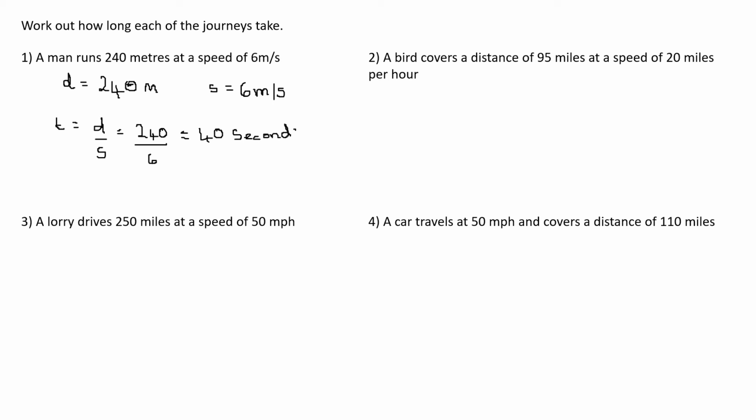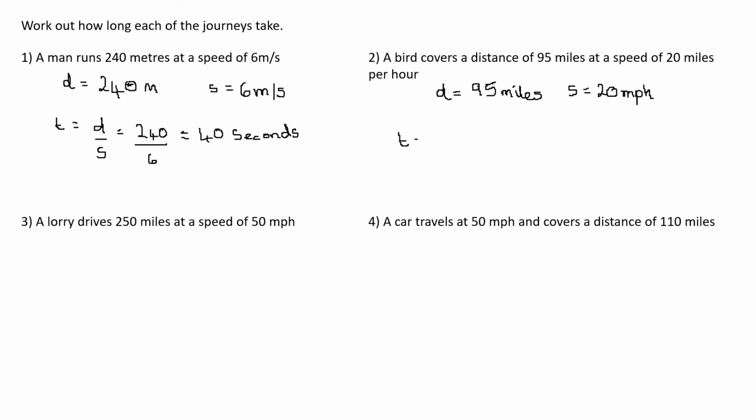Do always remember when you're doing speed, distance and time questions to include units with your answers. It's very, very important because you can't just write down 40. It could mean 40 seconds, 40 hours, 40 days. So do make sure that you've got those units in there. So our next question, a bird covers a distance of 95 miles at a speed of 20 miles per hour. So again, let's write down what we know. So we know that the distance is 95 miles, and we know that the speed is 20 miles per hour.